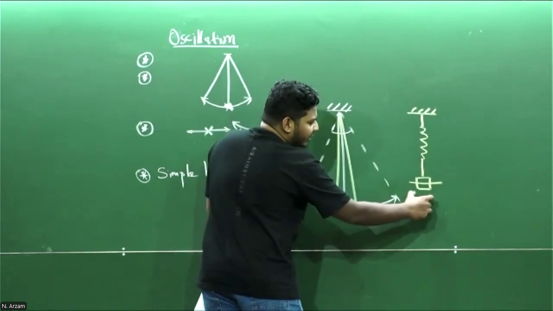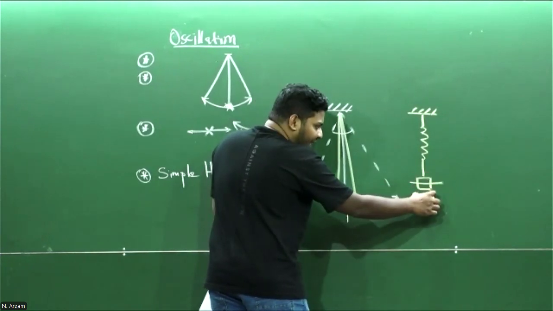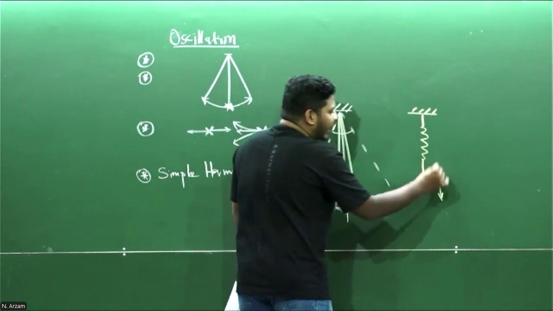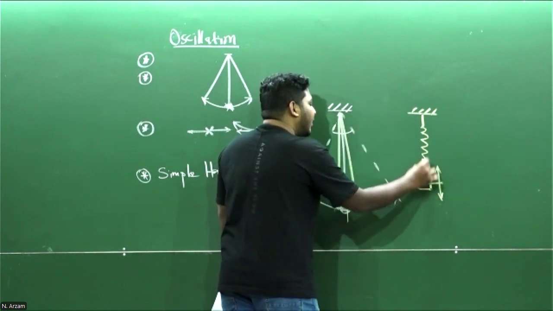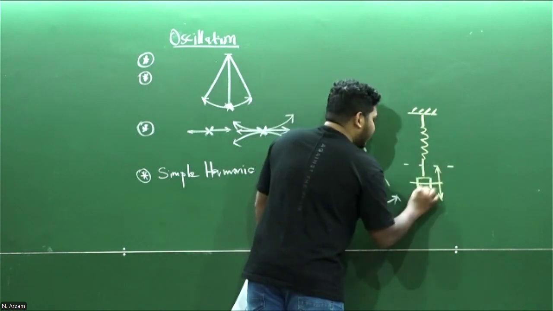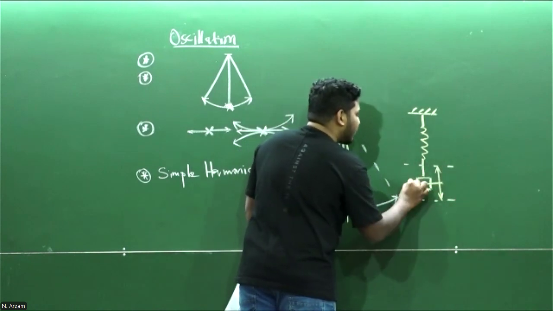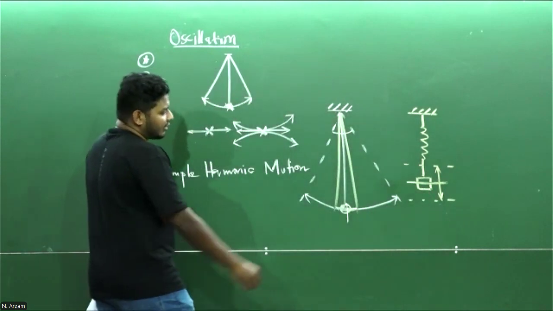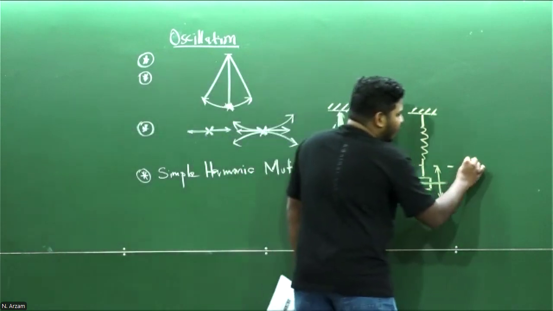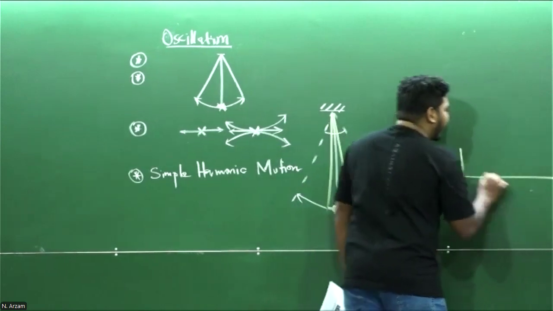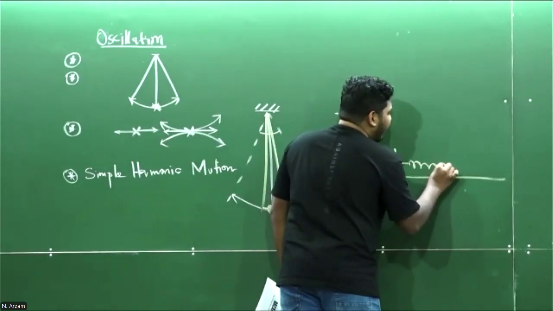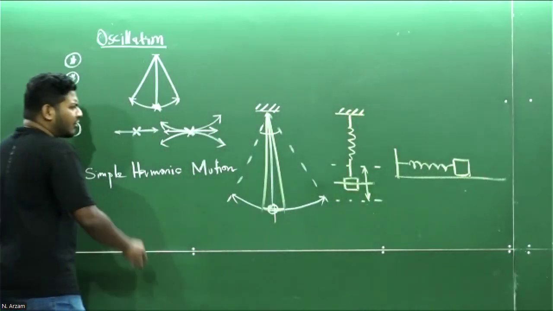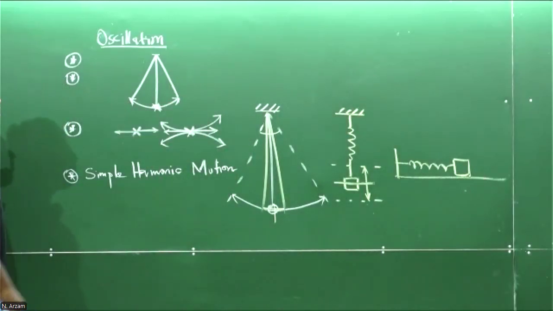When we pull this mass and leave it, the motion is like this, between two points. This is known as simple harmonic motion. We can also make this spring mass system in a horizontal plane, like this. These are examples of simple harmonic motion.